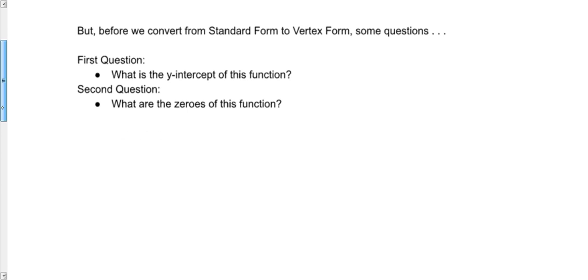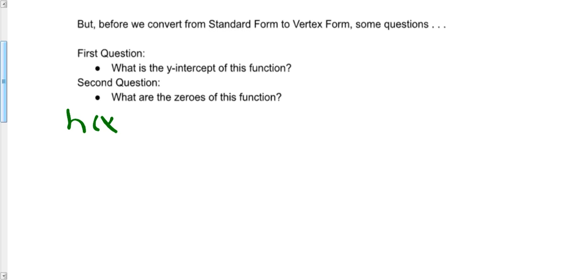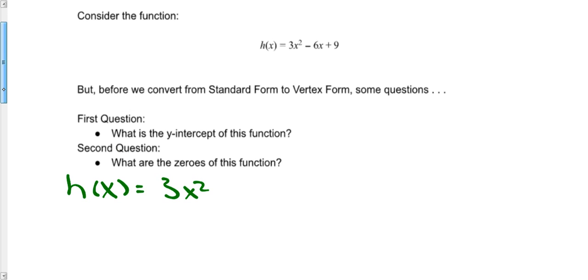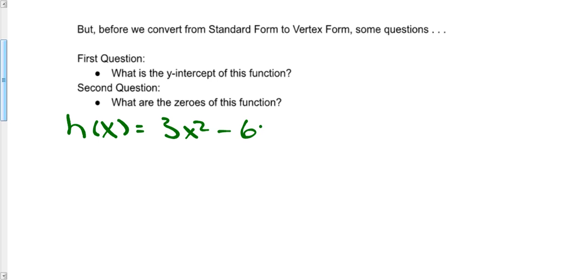But we're going to convert h of x, which is equal to 3x squared minus 6x plus 9, into vertex form. Because I wanted you to answer these two questions.